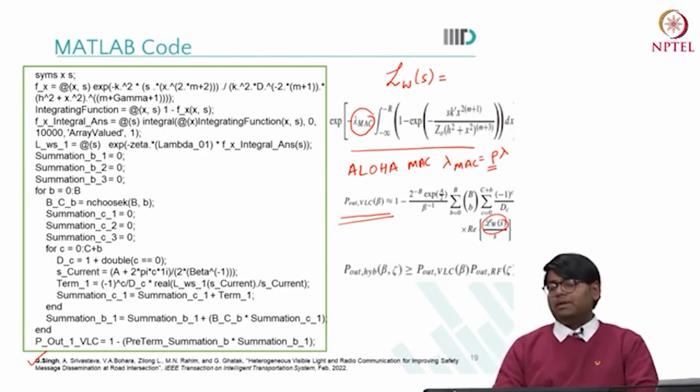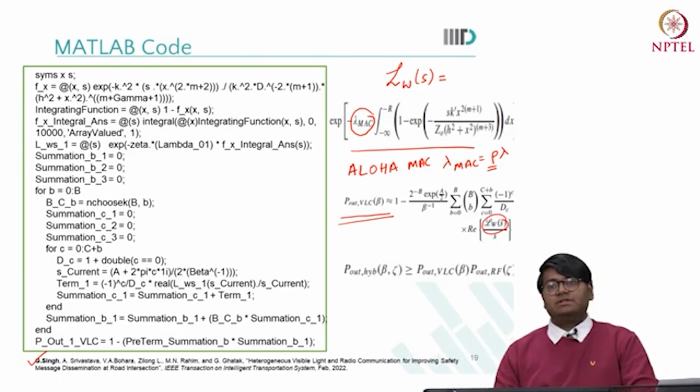The access probability rho is the probability of accessing the channel. Most of the time your channel is idle, so it is the probability that a particular interfering vehicle accesses the channel. That is what we define by the parameter called access probability rho.